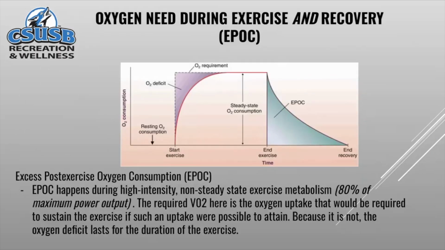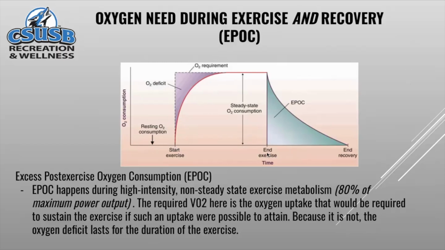So just looking at it again here, we have our oxygen requirement for set activity. Here's our resting consumption, right? We're not taking much oxygen in besides just what we need for our steady state of life. We're walking around, chilling on the couch, not much oxygen. We start exercise, we have a requirement, and we have little to no oxygen ready for that, and we have to pay off the deficit.